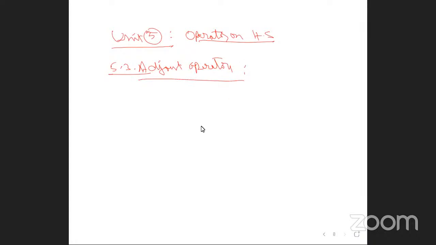Adjoint operators, definition. Let T be an operator on H, where H means a Hilbert space.